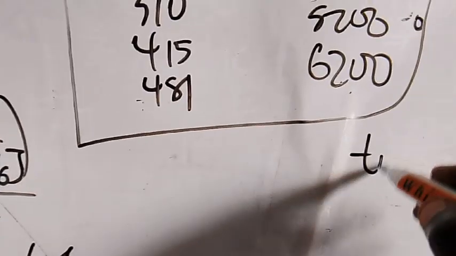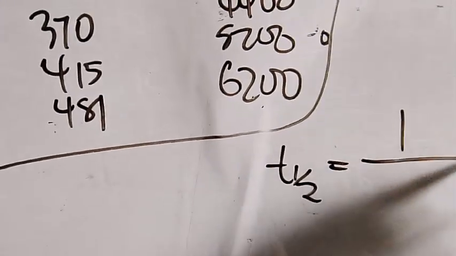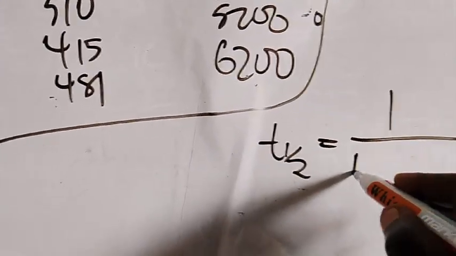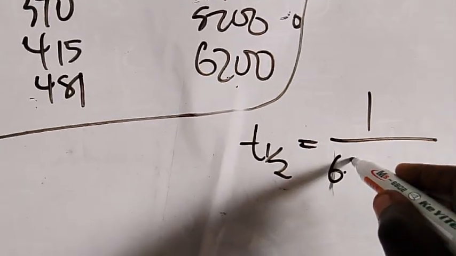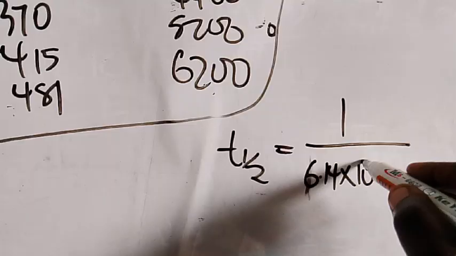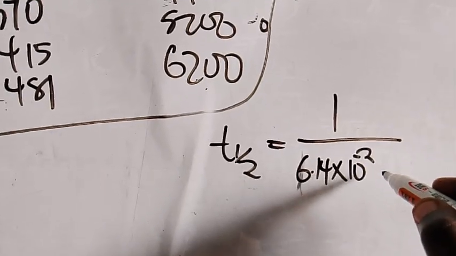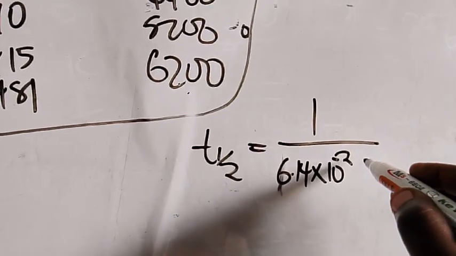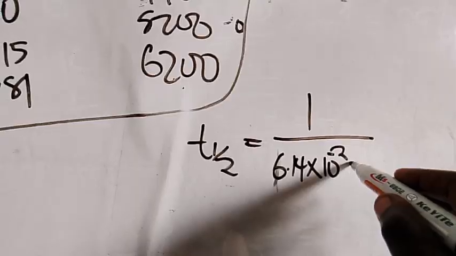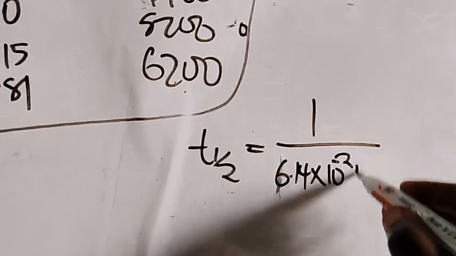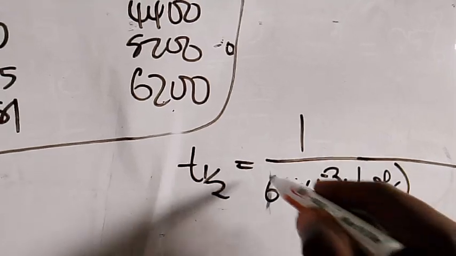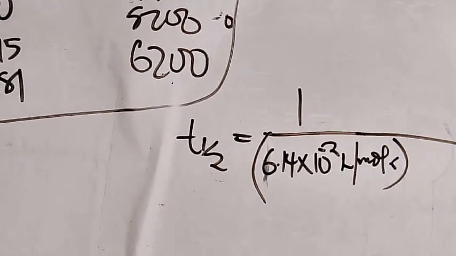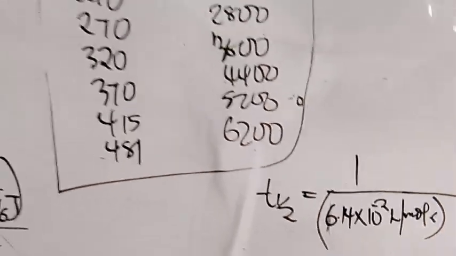Half-life is equal to 1 over K, which is the one that we have found, 6.14 times 10 to the power negative 2 liter per mole second, then times the initial concentration.